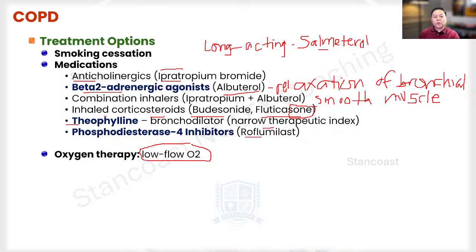The patient will end up not breathing anymore if we give them high concentration of oxygen because they are used to low levels of oxygen that is only their stimulus to breathe. And so if we're going to give them high concentrations, maybe 15 liters of O2, no, don't do that. It will cause them to stop breathing because, again, the low oxygen level is the only stimulus for them to breathe. All right, please take note of that.